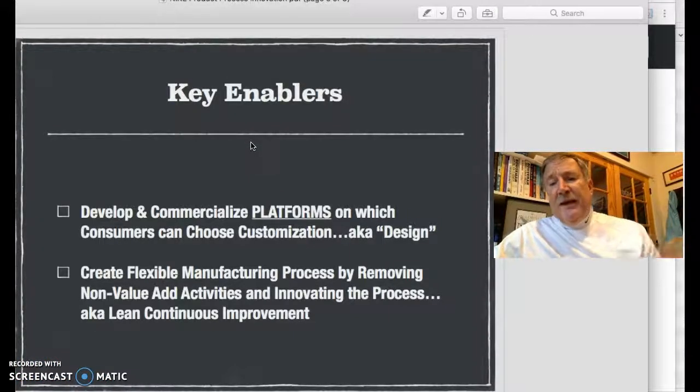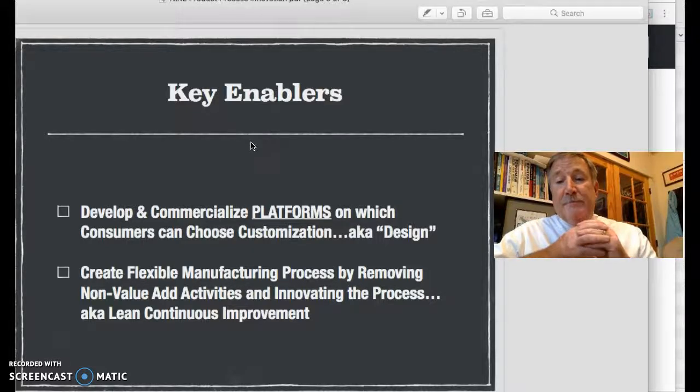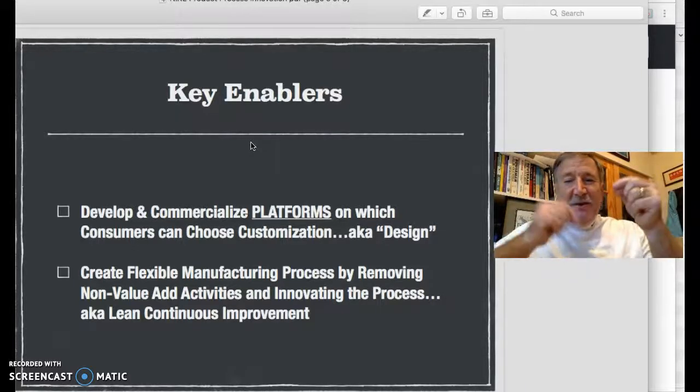So a couple of the key enablers that allowed the Nike ID program to be successful was that we realized we had to develop and commercialize platforms on which consumers could then choose customization. And our inspiration in the program was the game Mr. Potato Head. That's a child's game, a plastic potato that has all these holes in it.